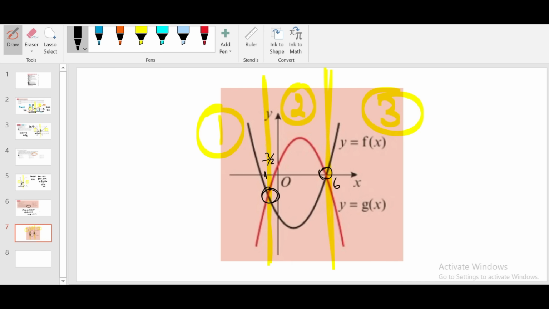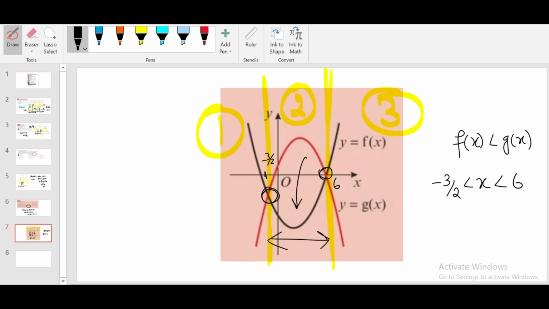They want us to solve this inequality: f of x is less than g of x. You need to look at the graph and find out in which region the f of x is below g of x. Only in region 2, in the middle, the f of x is below. f of x is the black graph, right? So for region 2, the corresponding x values are between these two. Minus 3 over 2 is less than x is less than 6.